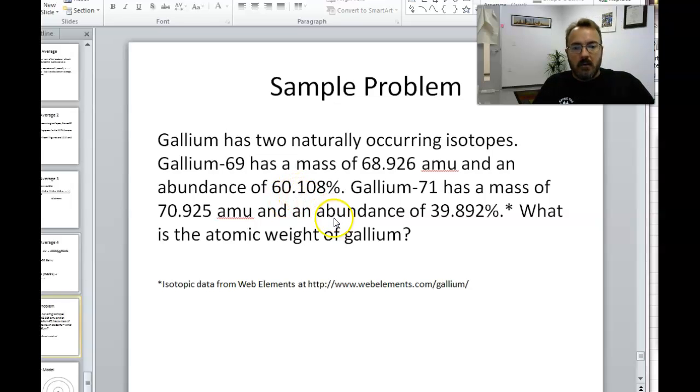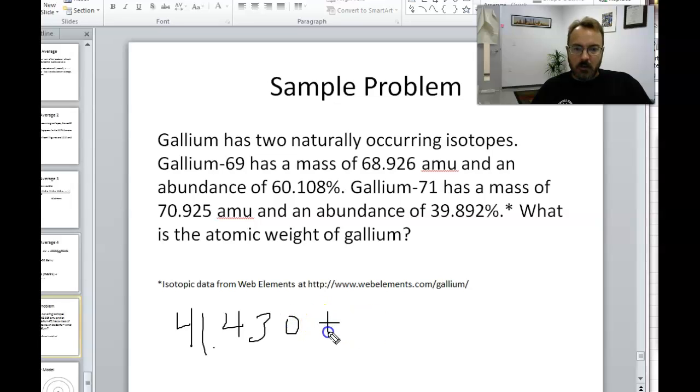And then we're going to add that to the multiplication of the mass here times the abundance here. Okay, this works out to be a little bit of an exercise in using significant figures. So what I got, hopefully you guys got the same thing, for this first one is 41.430.